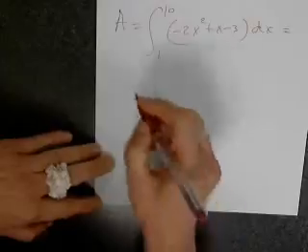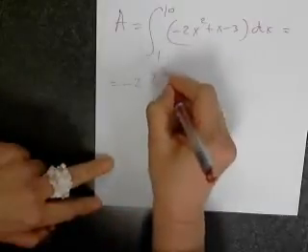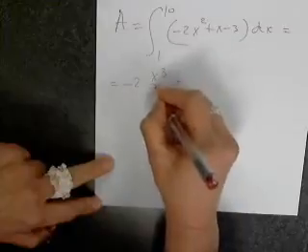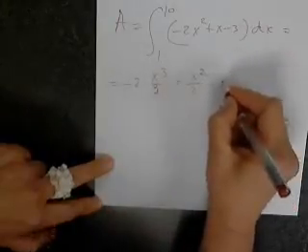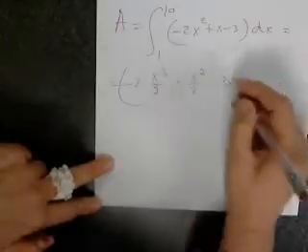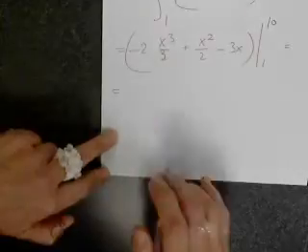Okay, can anyone tell me what to write? Negative 2x cubed divided by 3, plus x squared divided by 2, minus 3x, from 1 to 10. I have to plug in 10 first.